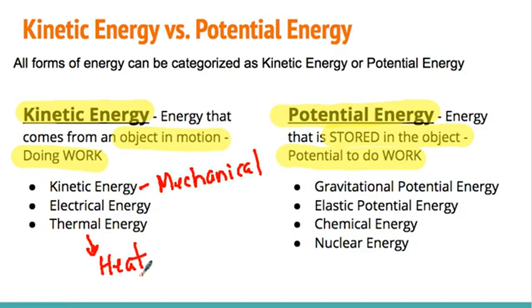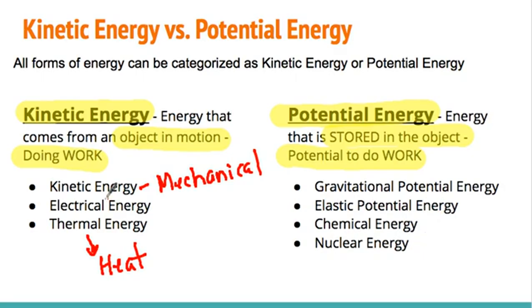We'll talk more about that in specifics. The forms of potential energy are gravitational potential energy, elastic potential energy, chemical energy, and nuclear energy. These are the 4 potential energies we'll be discussing.